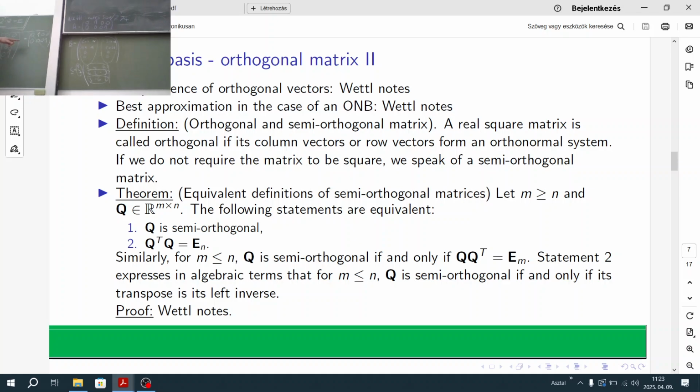So this is the Q, and this is the transpose. I hope so. It's okay, it's okay, and it's okay.